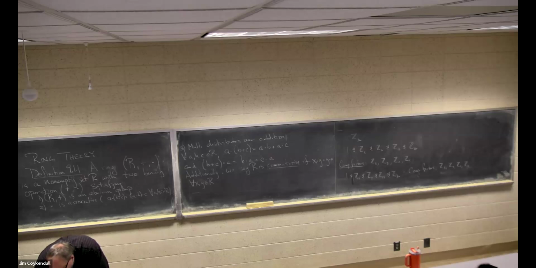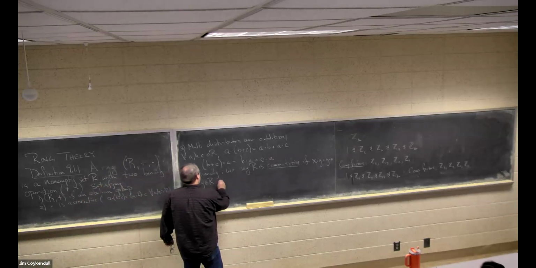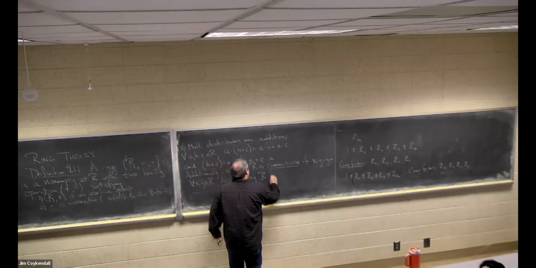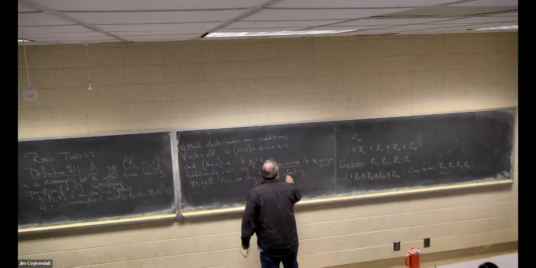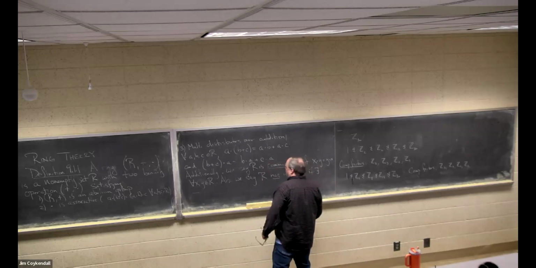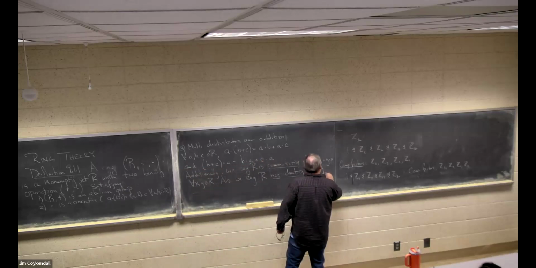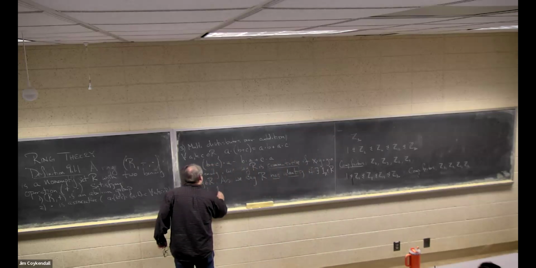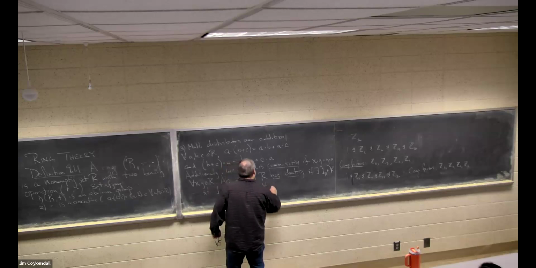And we say that R has identity, or is with identity, if there exists an element, I'm going to call it 1 sub R, in R such that 1_R times x, and x times 1_R, is x for all x.